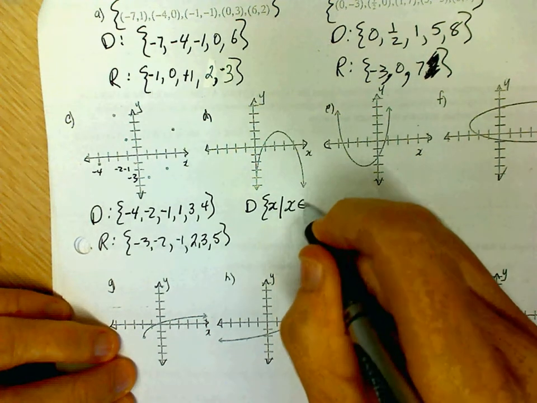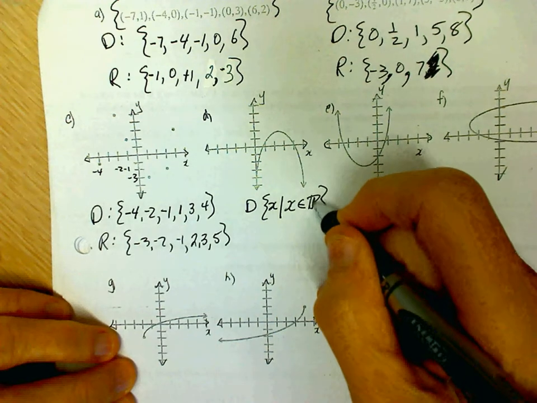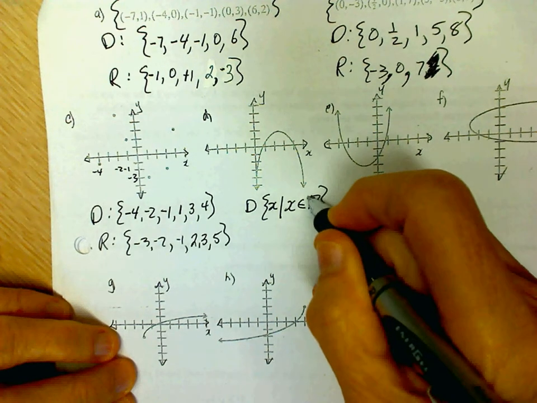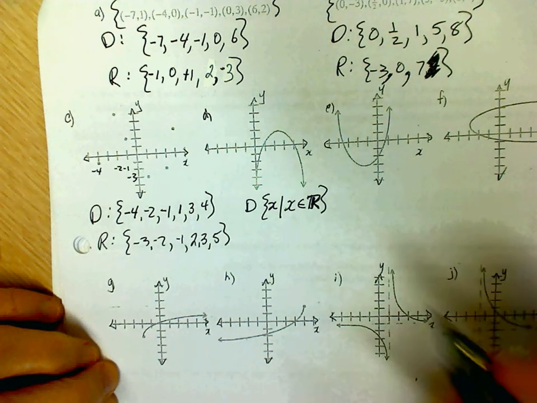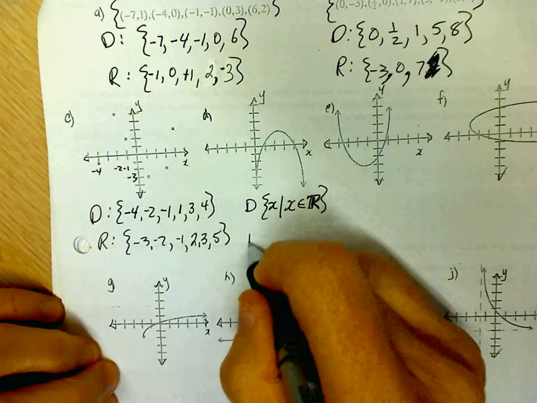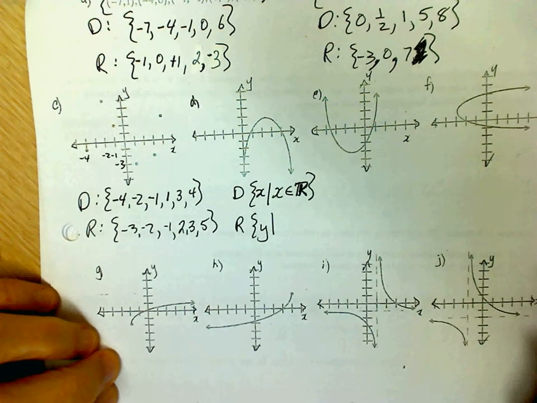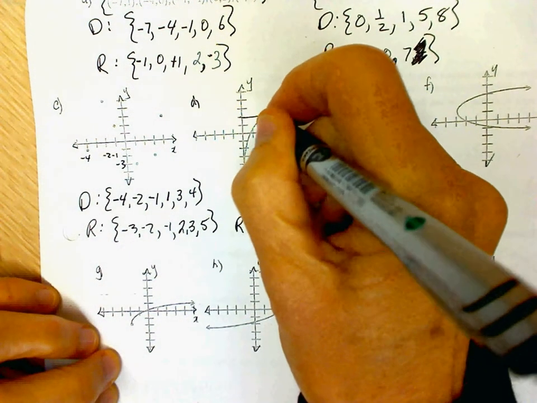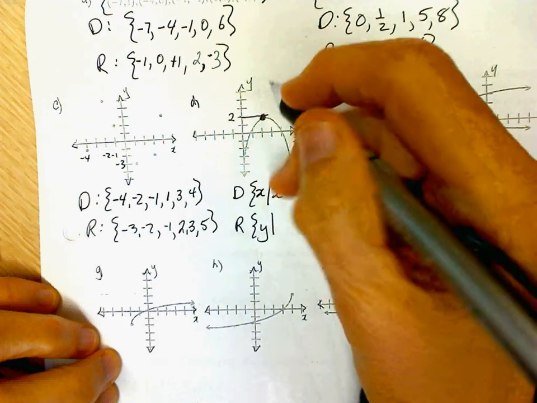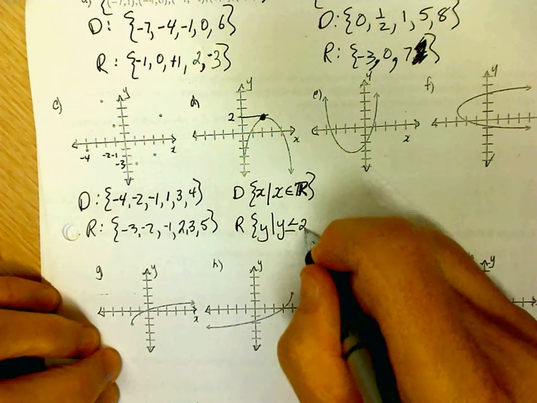X is an element of R, the R with the double stick there, whatever you want to call it. What about y? What can our range be? Y such that? Yeah, because the y value is 2 or lower. Y is less than or equal to 2. Y is an element of real numbers.